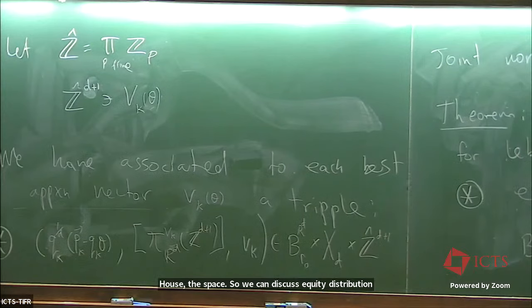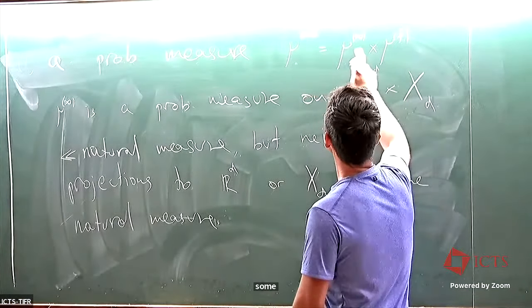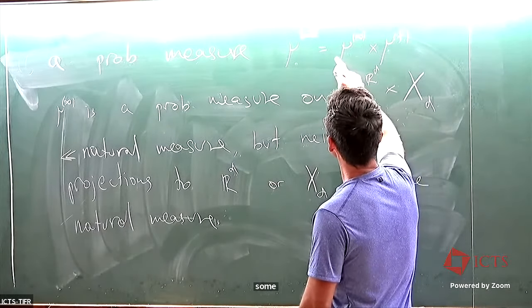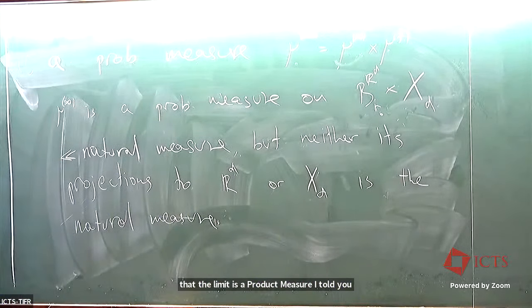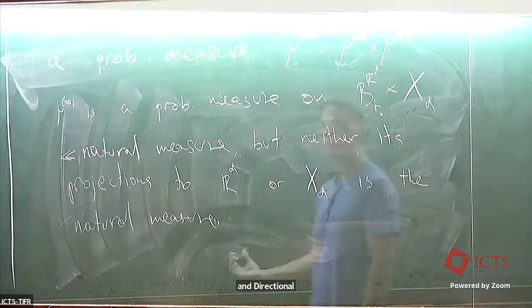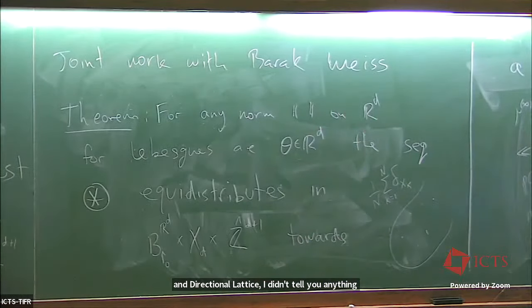The statement says that this sequence equidistributes towards a limit, and there's some description of the limit. I told you that the limit is a product measure. I told you something about the measure that's supported on the product ball times X_d, namely displacement vector and directional lattice. I didn't tell you anything about the finite component.